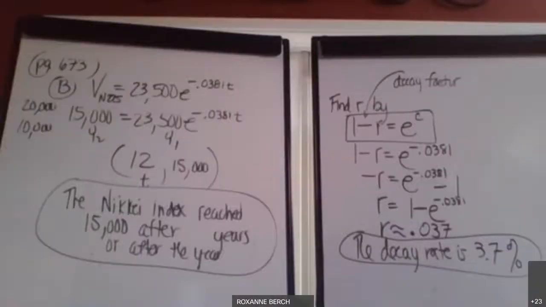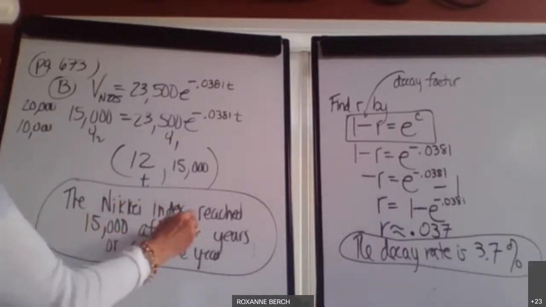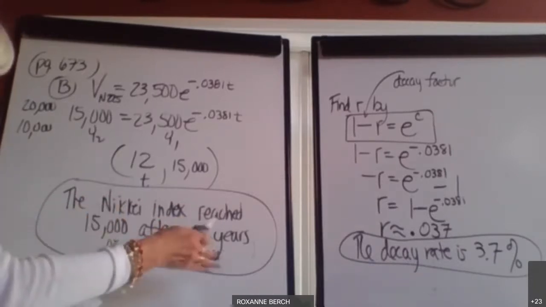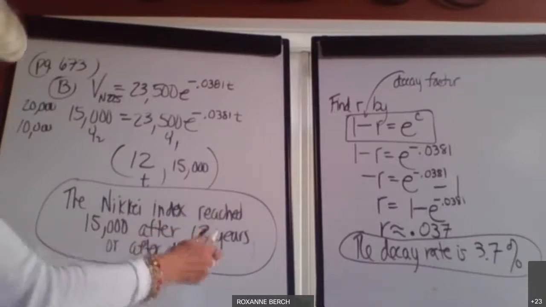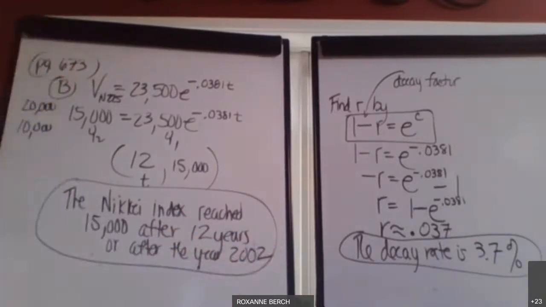So it's about 12. So the Nikkei index reached 15,000 after about 12 years. And if you wanted to give the actual year, it'd be after the year 2002 from the problem.